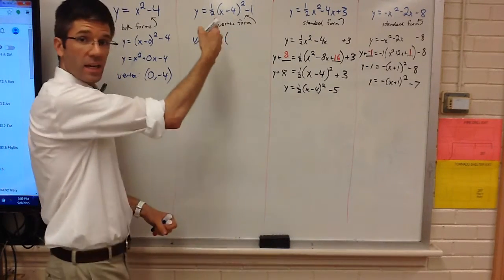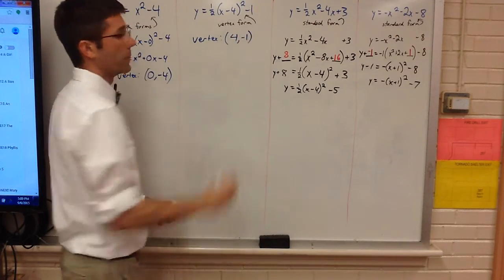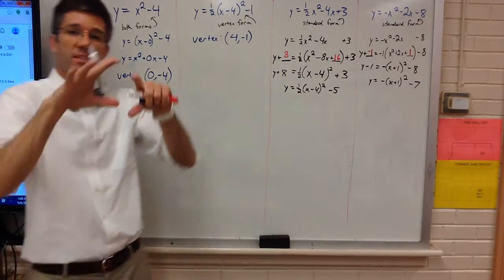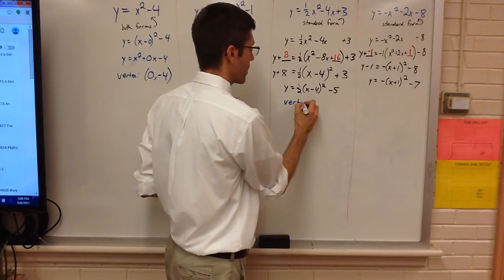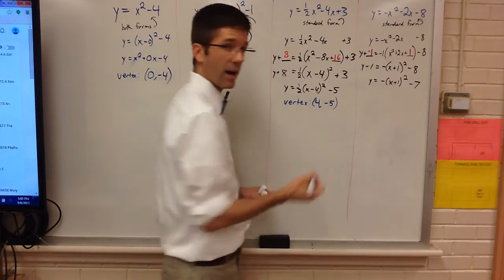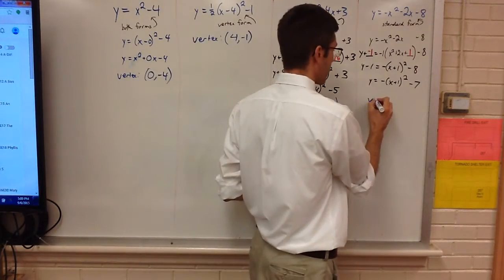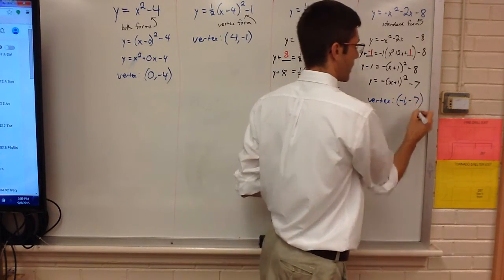The vertex here is 4, comma, negative 1. Always disobey the sign on the inside. The vertex here is 4, negative 5. The vertex here is negative 1, negative 7.